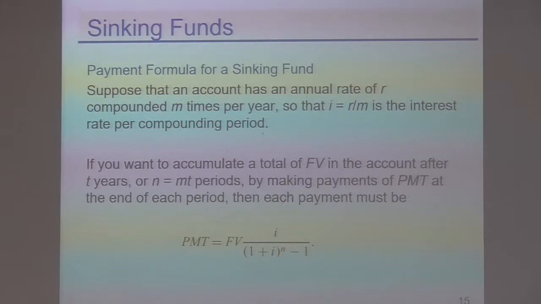So that's the same thing. Does everyone agree? If I multiply that by negative, you get the same thing. So that is the PMT. PMT is how much you put in every period. Any question about this?